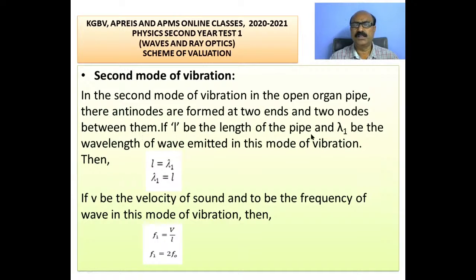If L be the length of the pipe and lambda 1 be the wavelength of the wave emitted in this mode of vibration, then the length of the air column is equal to lambda 1, which is equal to L. And now if V be the velocity of sound and nu 1 the frequency of the wave in this mode of vibration, then the frequency is equal to V by L. So the frequency corresponding to the first overtone is 2 f0, where f0 is the frequency of the fundamental mode.